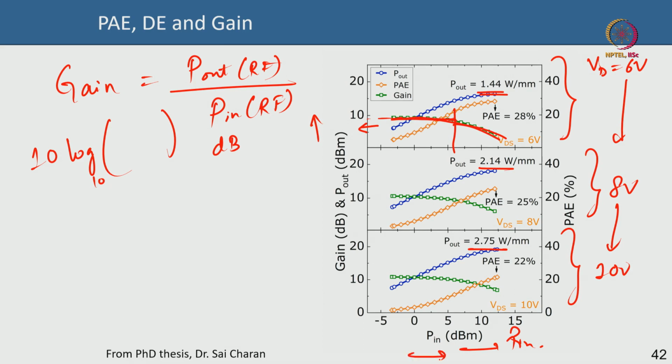Now the x axis is always input power, and input power is expressed in dBm. Do you know what dBm is? dBm is basically 10 log to the base 10 of how much power you are getting with respect to 1 milliwatt.